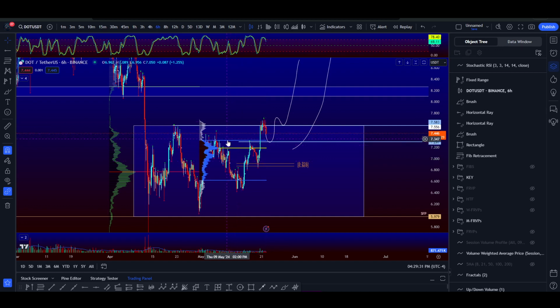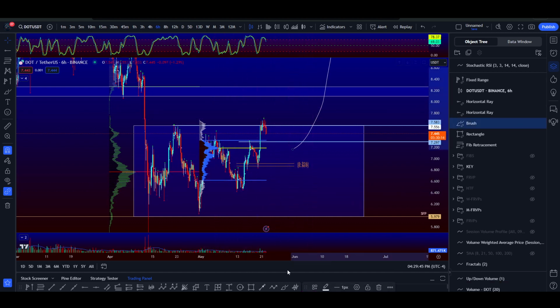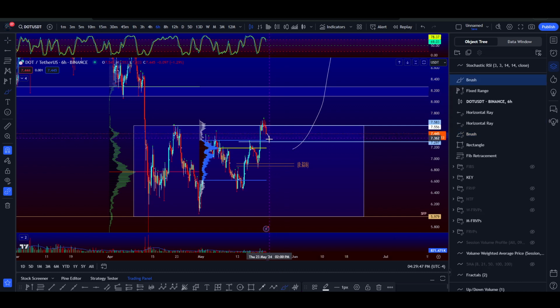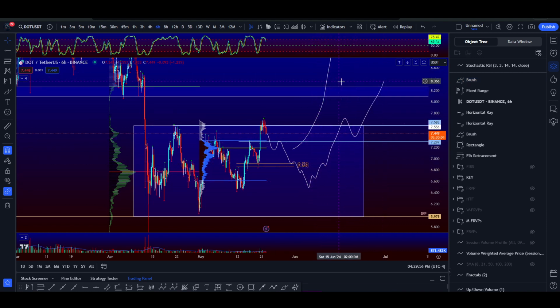Now, if we do get accepted into this developing monthly profile, we could possibly rotate all the way down to the point of control, which also lines up with the developing value area low. So then if this was to happen, you would be looking at something more like this. That kind of price action, right?